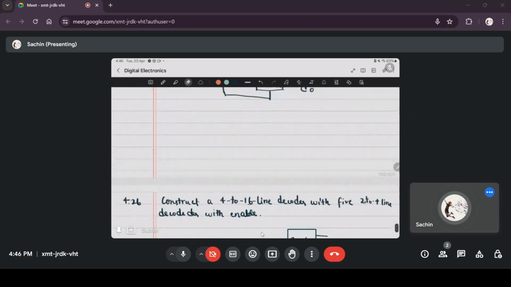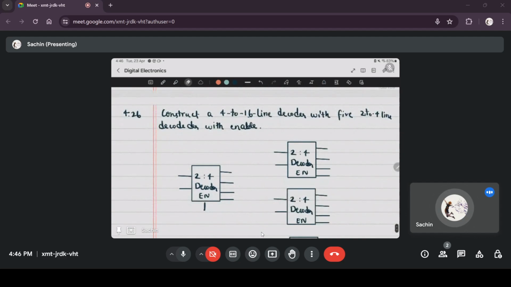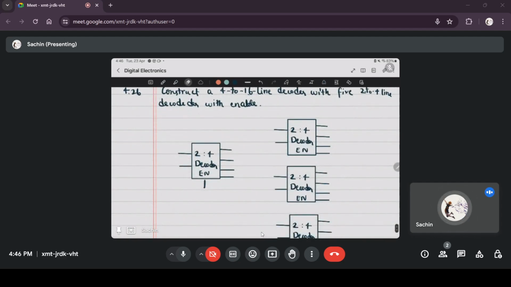They haven't asked us to construct a 4 to 16 line decoder with enable, so we'll just leave the enable part as it is for the first decoder. I'll just keep it high.